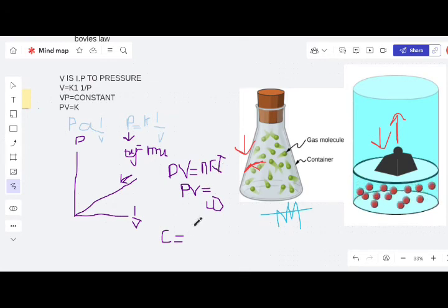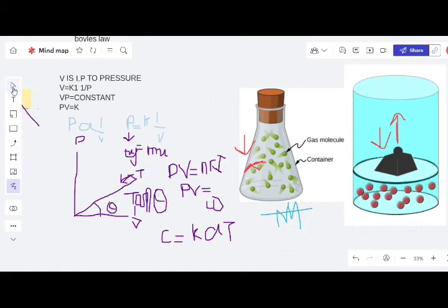So k, which means constant, is directly proportional to temperature here. So here k represents temperature, and it means tan theta. Now we can consider graphs with different temperatures, because k represents T and means tan theta.